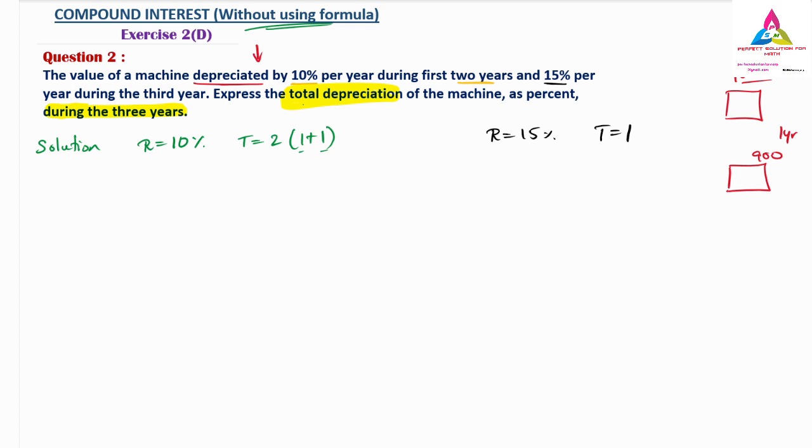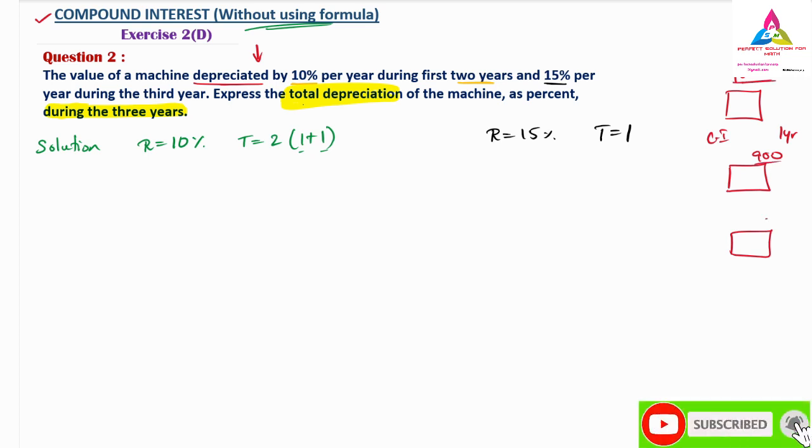So how is it related to compound interest? It is related because the value is decreasing, which can be considered as compound interest. This year the difference is 100, from 1000 to 900. Next year it will not become 800. Actually it decreases as a percentage. If it decreases by 10% in the first year, the second year it will also decrease by 10%.